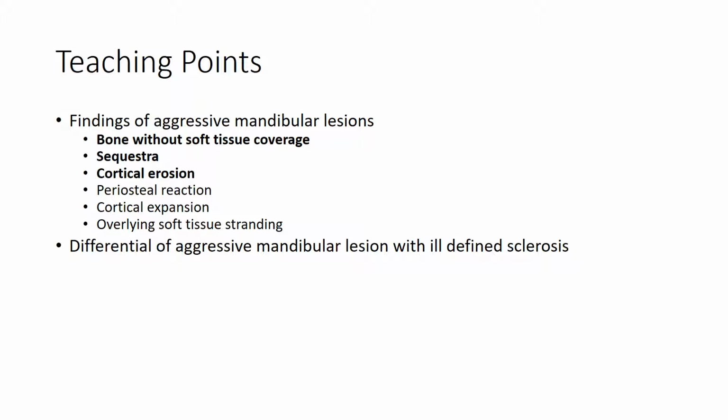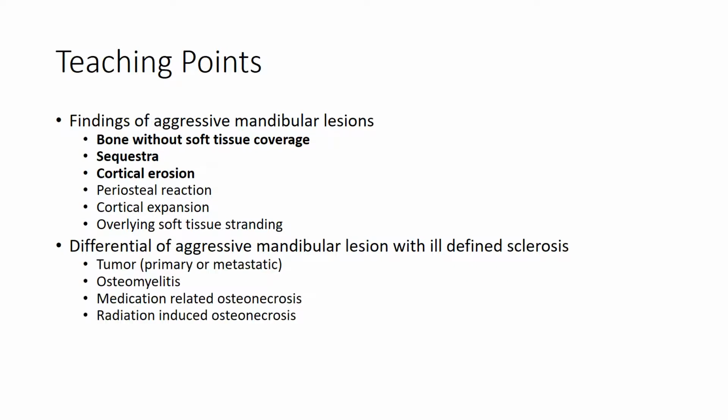So things that are more diffuse like osteomyelitis or even osteoradionecrosis won't form a ball type mass. So just keep in mind, when I talk about this differential, it's for these aggressive processes with sort of ill-defined sclerosis. And again, it includes tumor, osteomyelitis, medication-related osteonecrosis, and radiation-induced osteonecrosis.